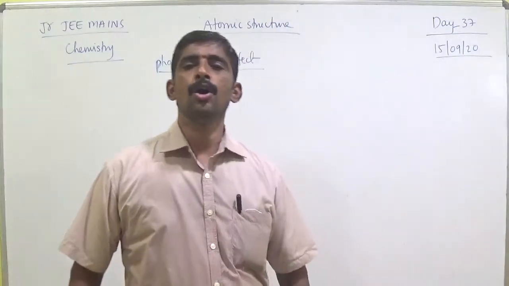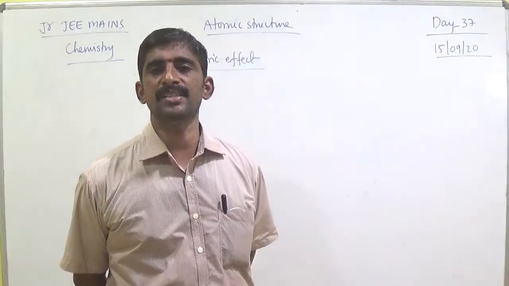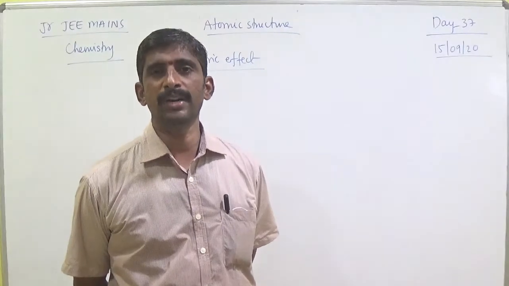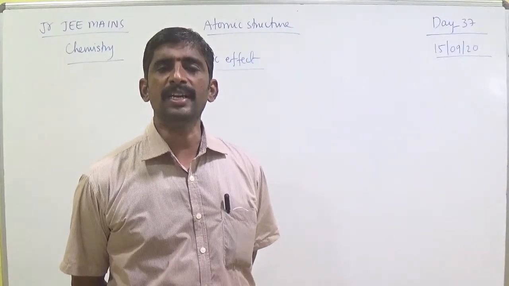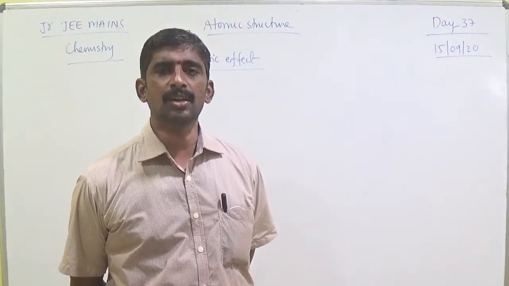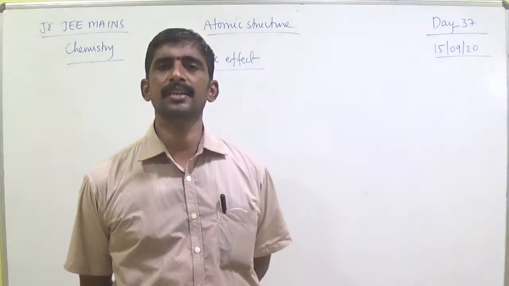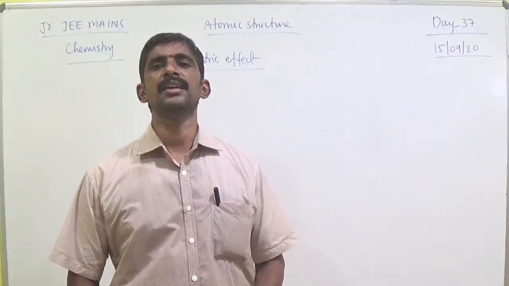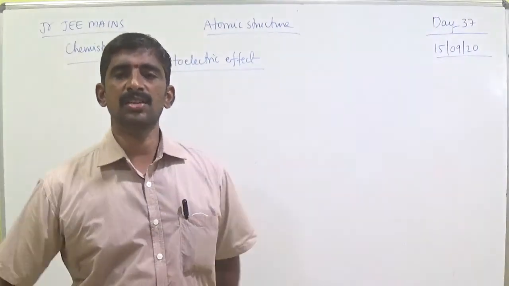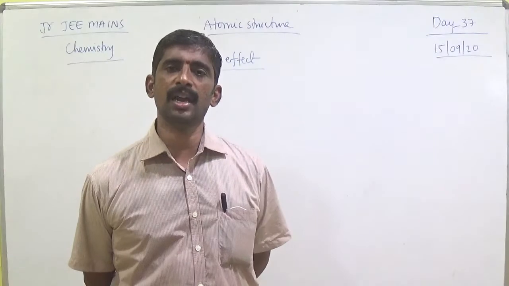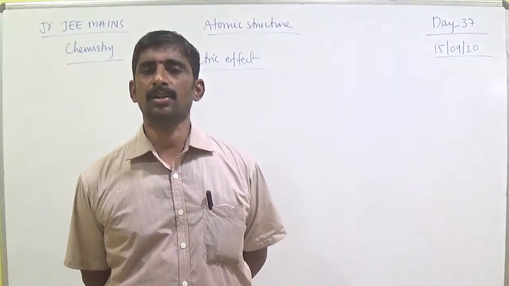Alkali metals means potassium, rubidium and cesium. In photoelectric effect, the emitted electrons are called ejected electrons.